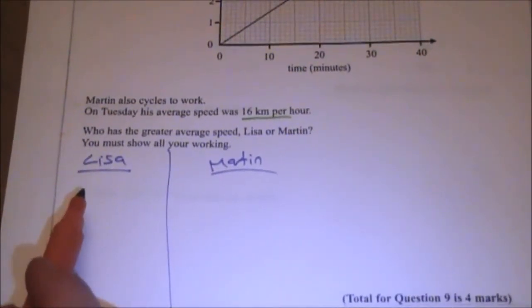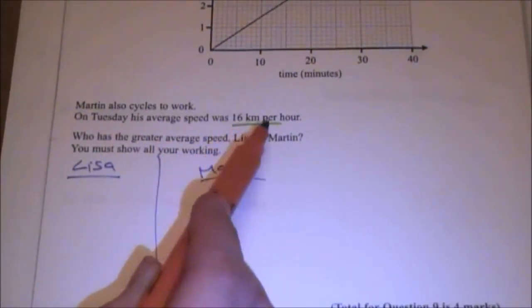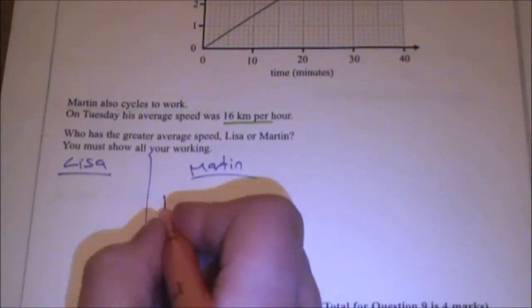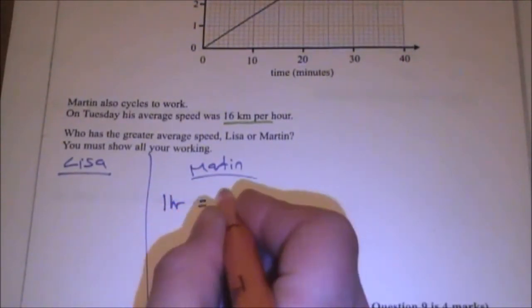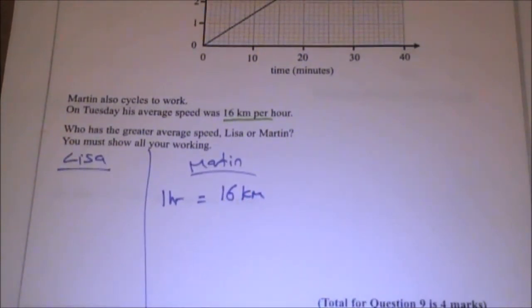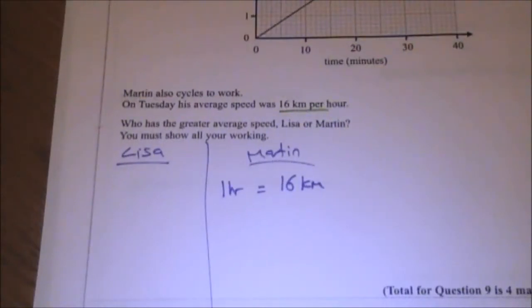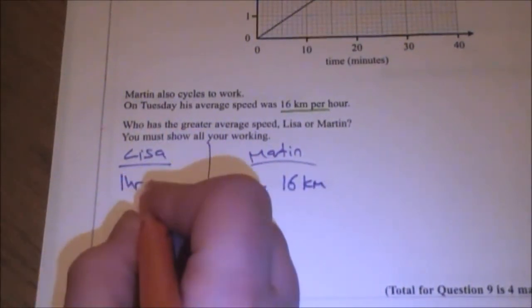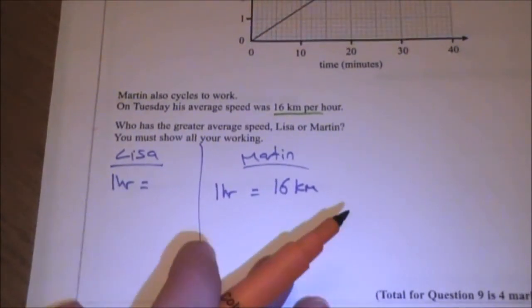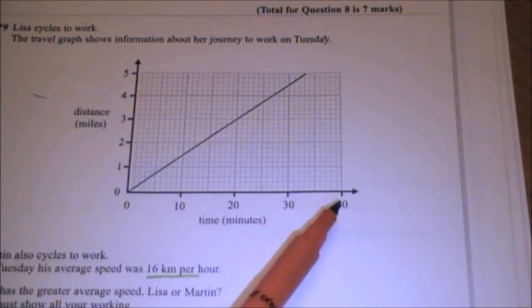So let's look at Martin first of all. On Tuesday, his average speed was 16 kilometers per hour. So in 1 hour, Martin covers 16 kilometers. Brilliant. Let's find now in 1 hour how far Lisa travels. So Lisa, 1 hour equals, let's have a look at our graph. The graph doesn't go up to an hour.